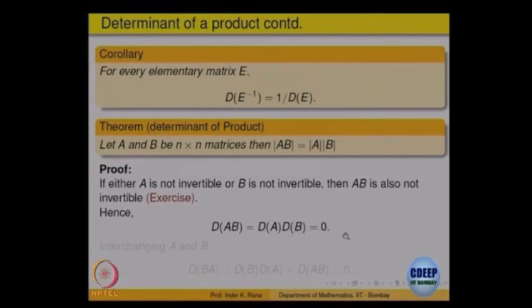So, that is also equal to 0. That shows that the determinant of AB is equal to the determinant of A times the determinant of B when at least one of them is not invertible. So, what is the second case?